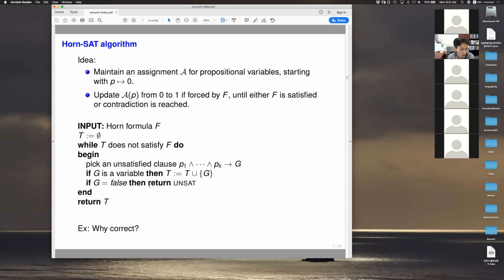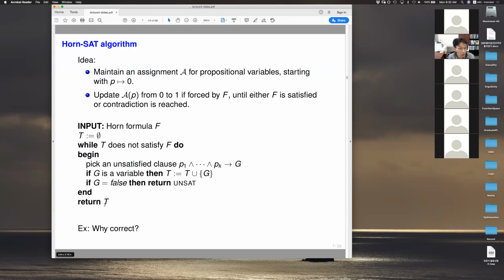What's the first thing that can go wrong? This algorithm may go on forever. The algorithm should terminate, but it may go into an infinite loop. So that's the first thing we have to make sure doesn't happen. The second possibility is even when this algorithm terminates. If the algorithm terminates by getting out of this loop and returning this T at the end, then there are no problems at all.